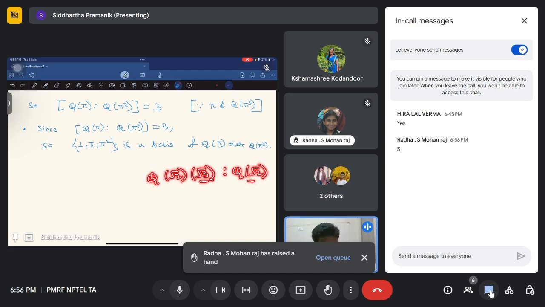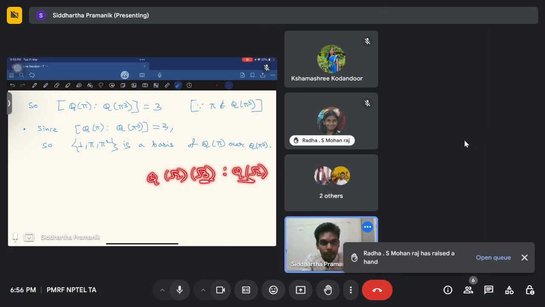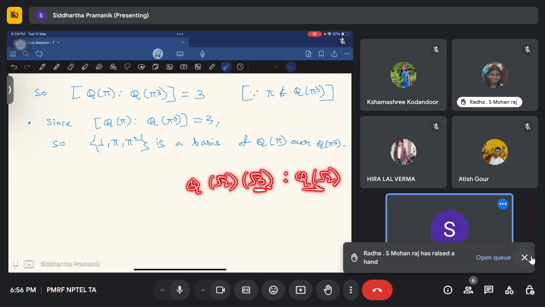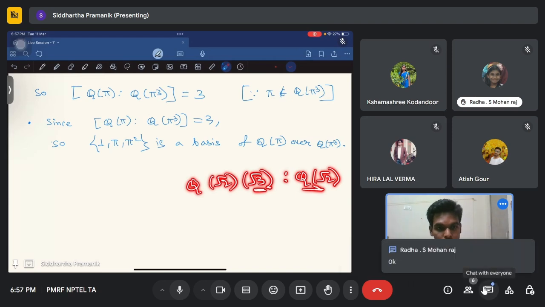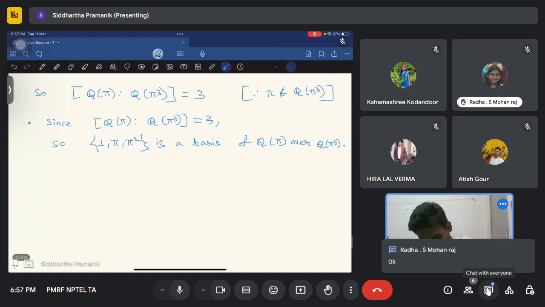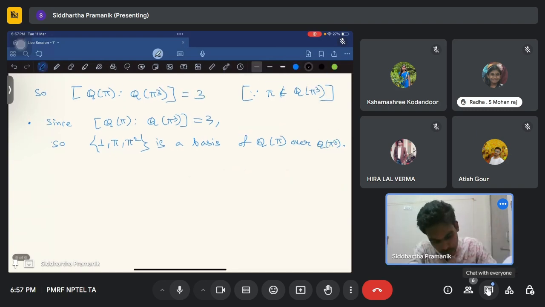So what will be the degree of the irreducible polynomial of √3 where the coefficients are from Q(√2)?